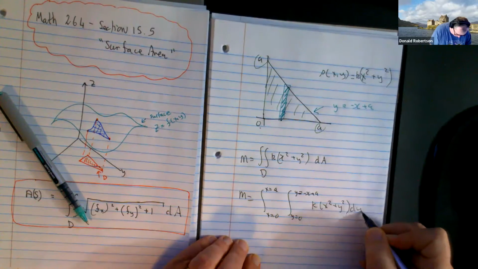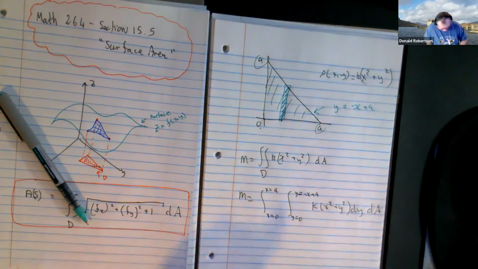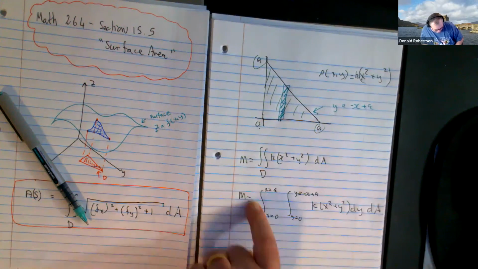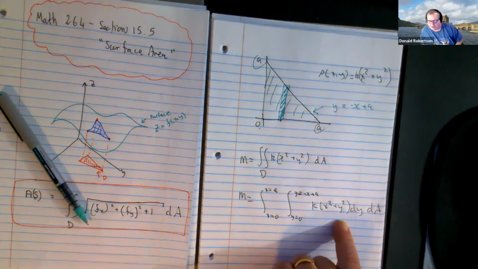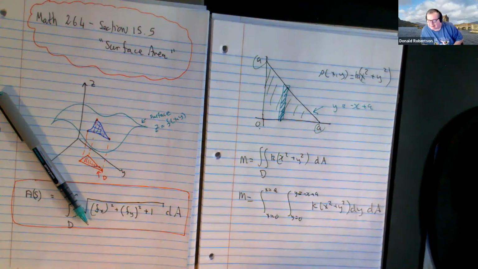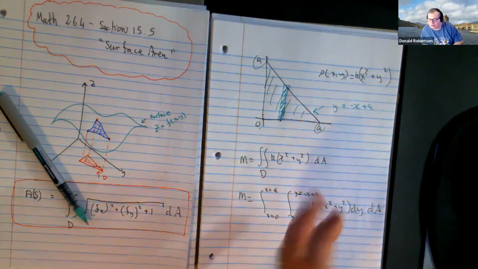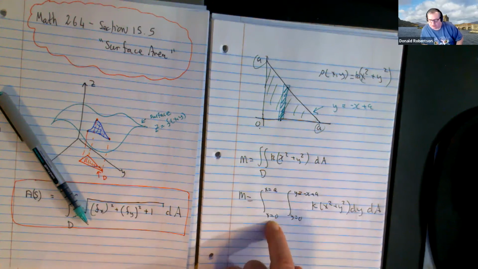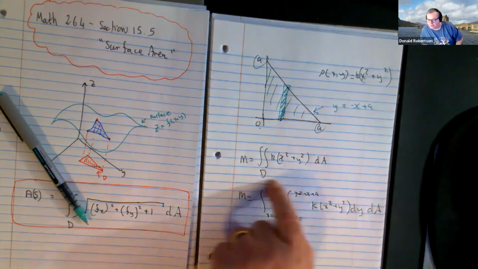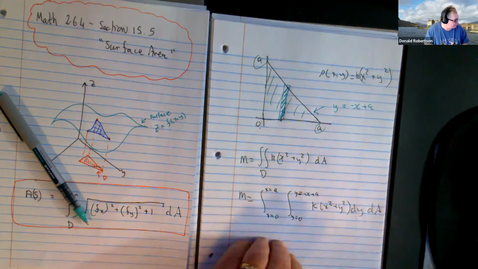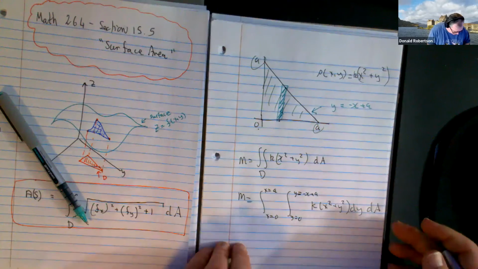And then I do a dy and I do a dA. Now, when you're finished with this calculation, do not be surprised that there's going to be a k and an a, right? So it might be like k times a or 2ak. So it seemed reasonable you'd expect to get an a just because of the terms. That's okay. And your answers will actually have a's in them as well.